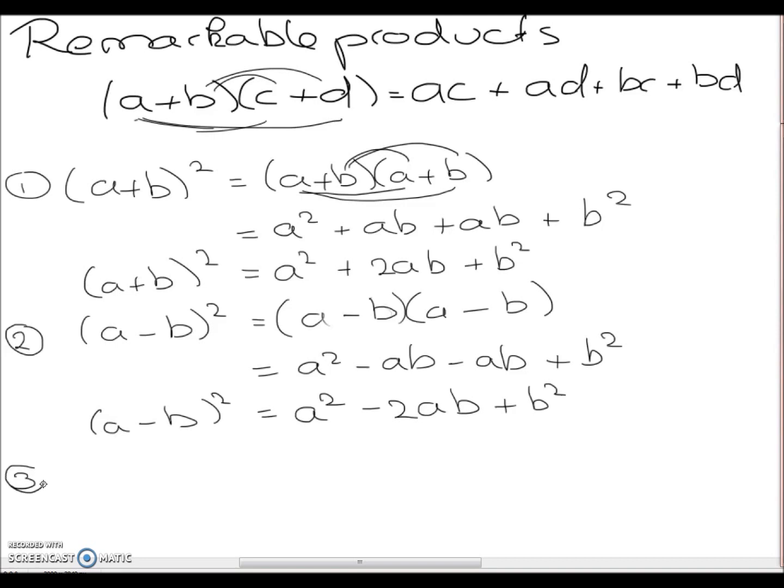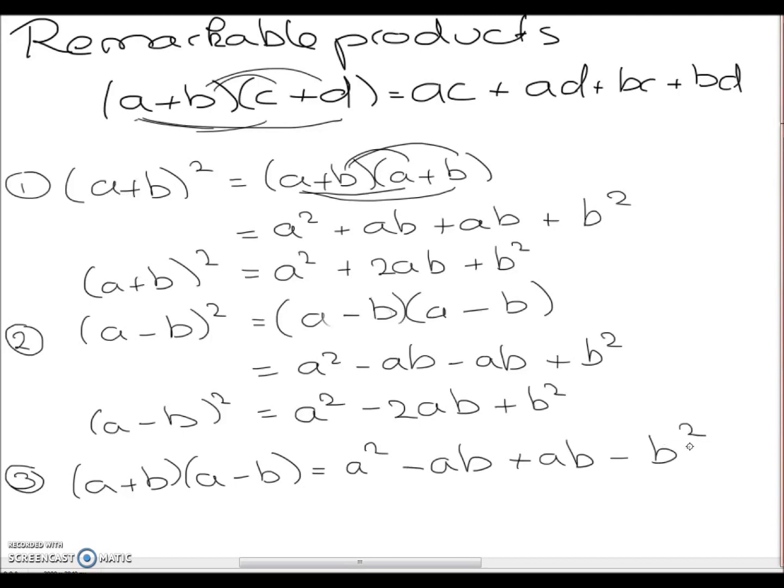The third one, that's the one that's most important for you to recognize, is (A plus B) times (A minus B), which is equal to A times A, A times negative B, B times A, B times negative B. Note that since it says a negative AB over here and a positive AB over here, they cancel each other out.